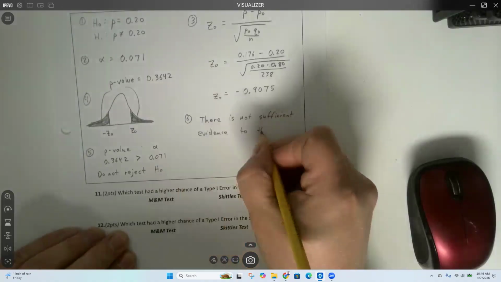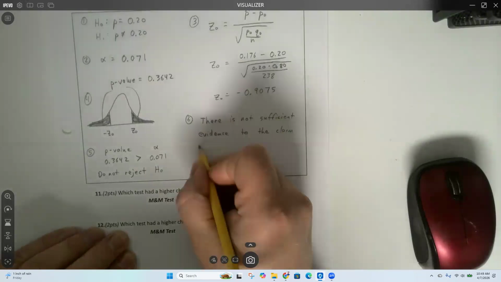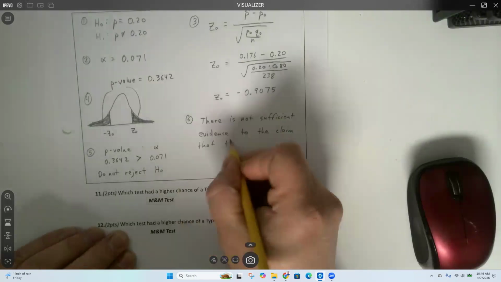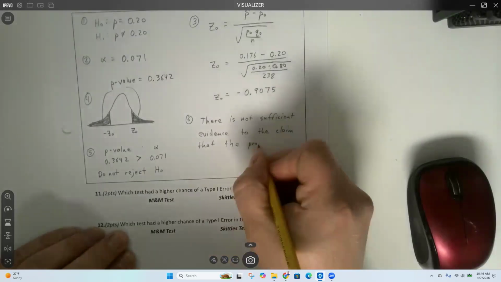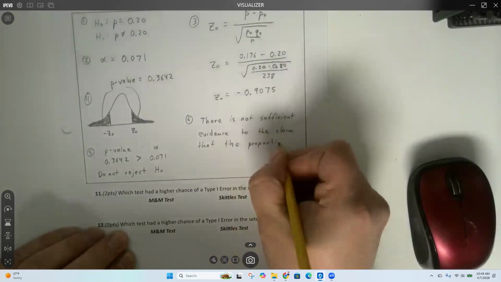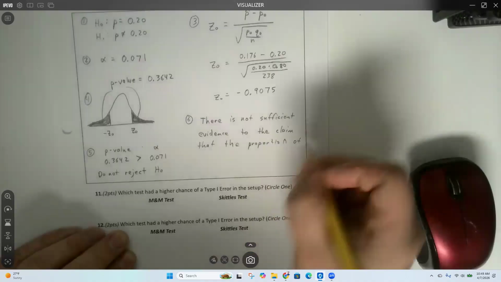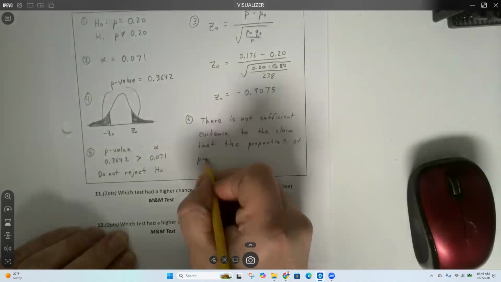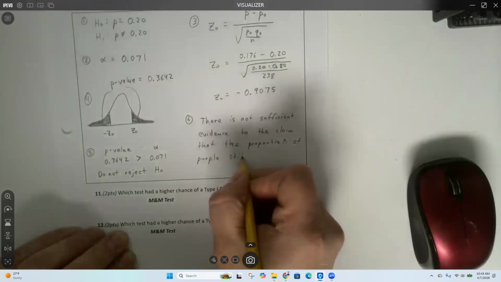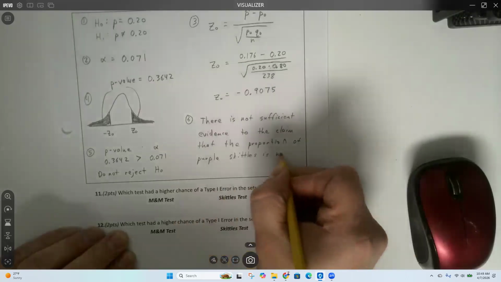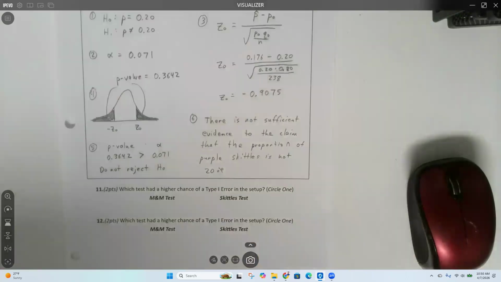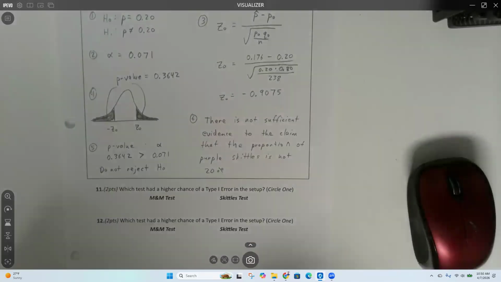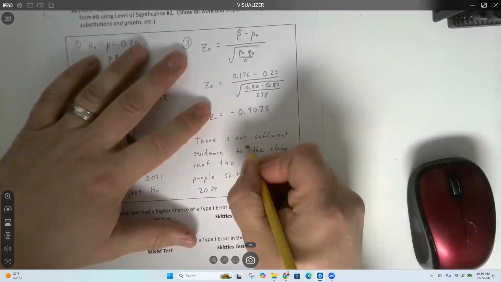What was his claim? That the proportion of purple Skittles is not 20%. There's not sufficient evidence to support the claim.